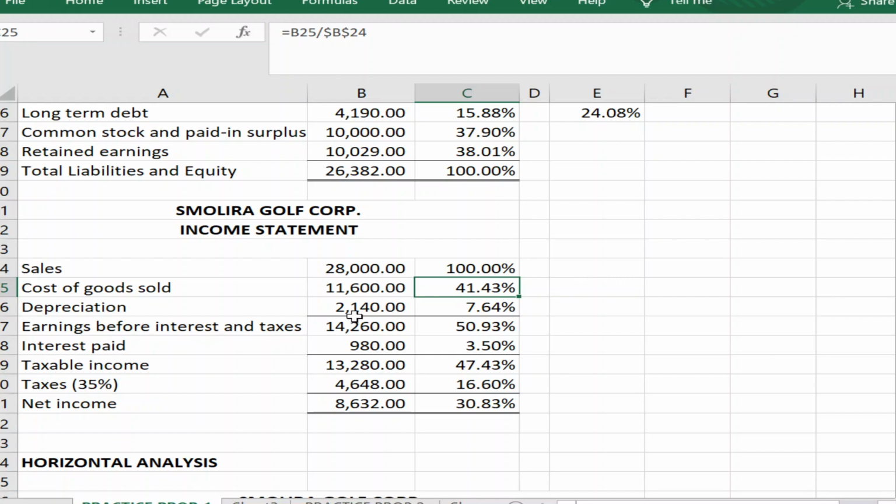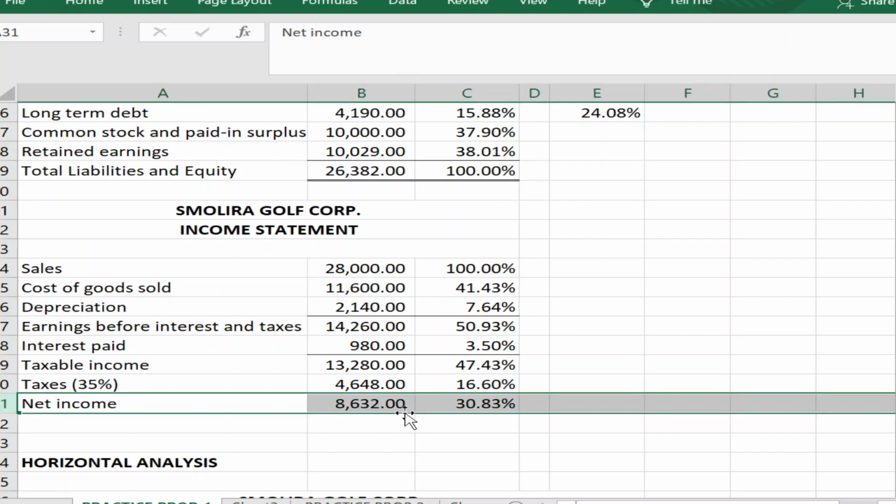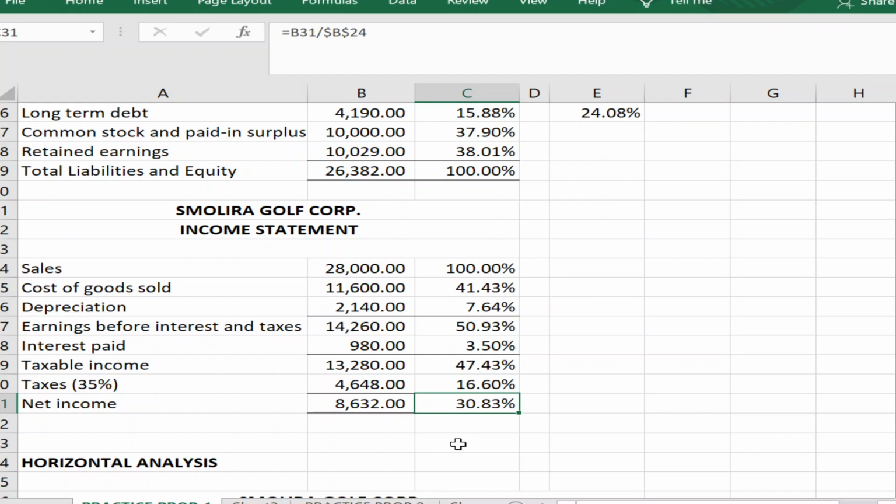So as you can see here, the company has a large net income in terms of percentage. This is an acceptable rate if we compare that with our existing sales.